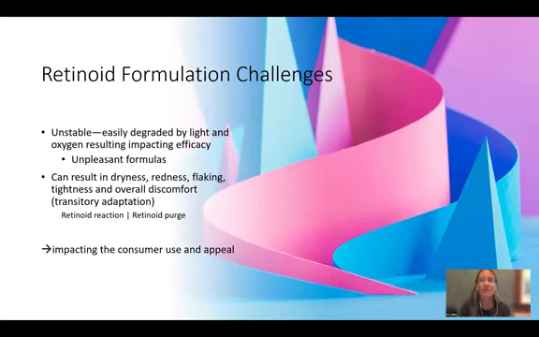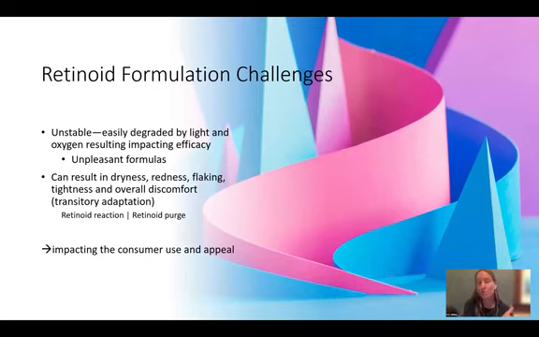Because of that, sometimes these retinoids, especially a prescription that has retinoic acid in it, tend to be anhydrous formulas that are really goopy. They're not very aesthetically pleasing, and they're not really nice to put on the skin. They don't have a good skin feel at the same time.